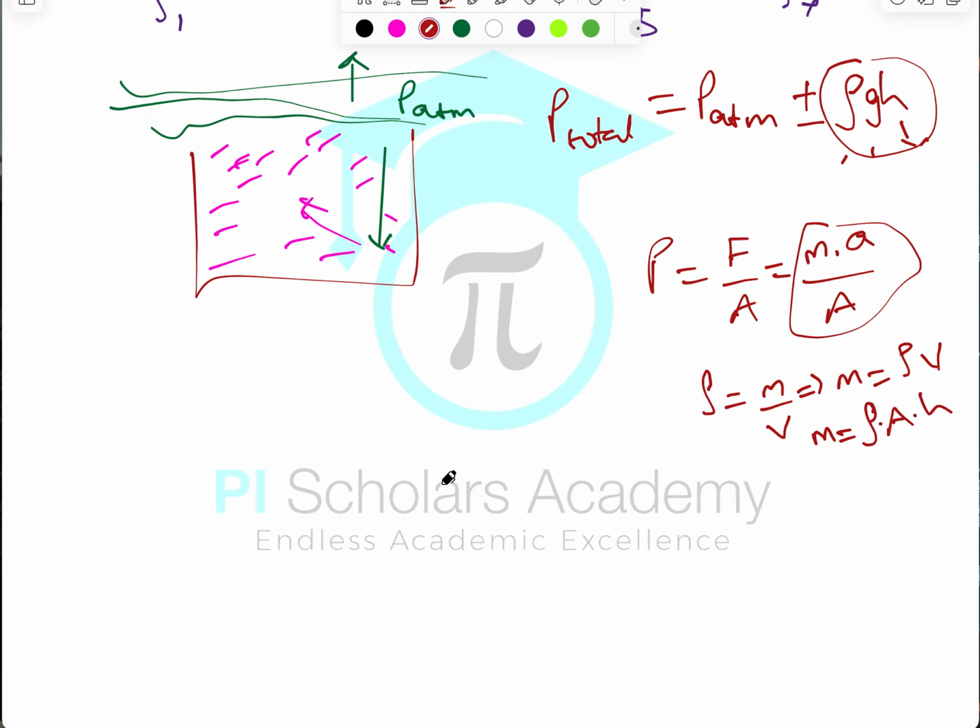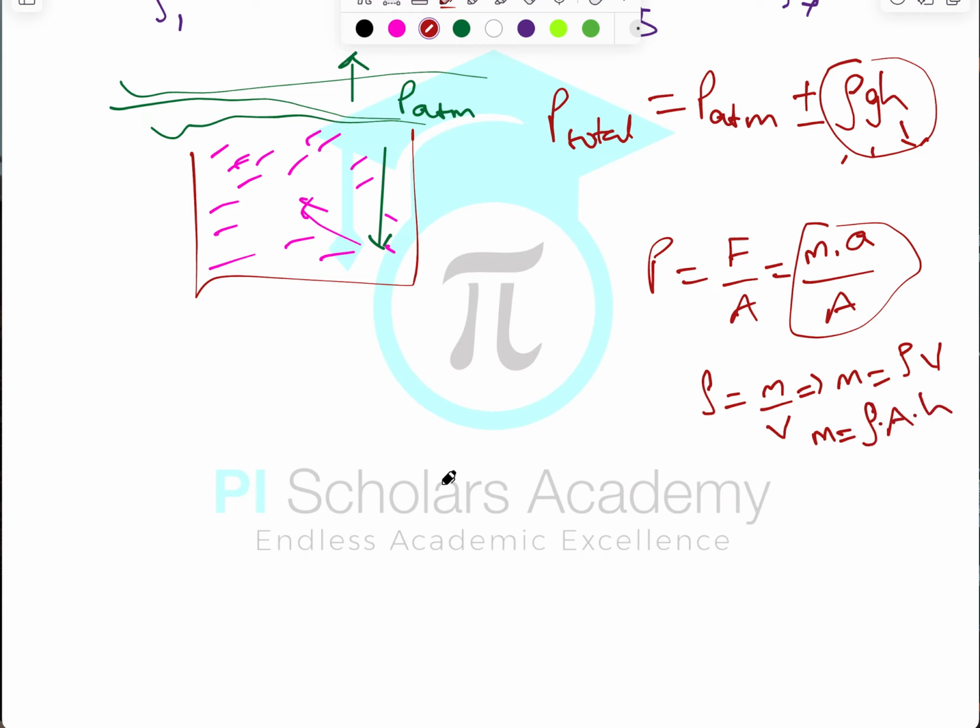So the acceleration I'm considering will be g. Pressure will now become, instead of mass times acceleration, rho multiplied by a multiplied by h, where a is the acceleration due to gravity, divided by area. So you have the area cancelled out, and pressure is rho times h times g.